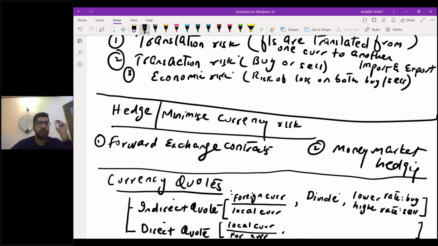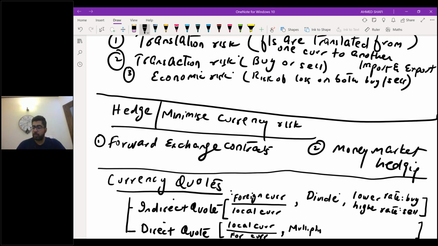In indirect quote, we divide to convert, but in direct quote, we multiply to convert. And in direct quote, the lower rate is the selling rate and the higher rate is the buying rate.